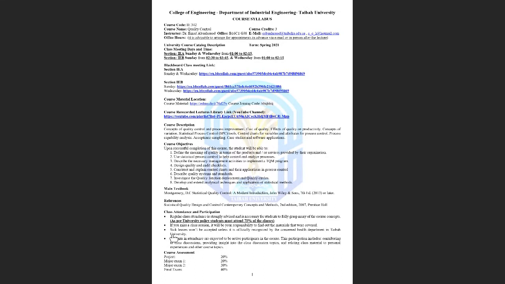So please, attending is for you more than me, but I also have to do the attendance for the school policy, and to conduct it with the percentage applied by the university. If you exceed 25% absence, that means you are a DN. So please make sure to attend.